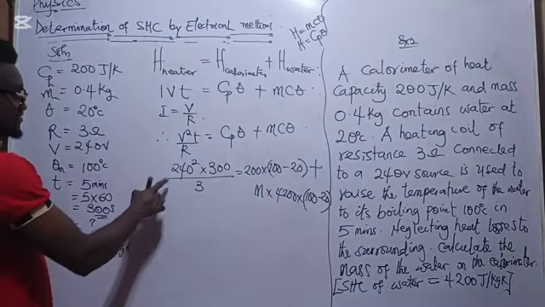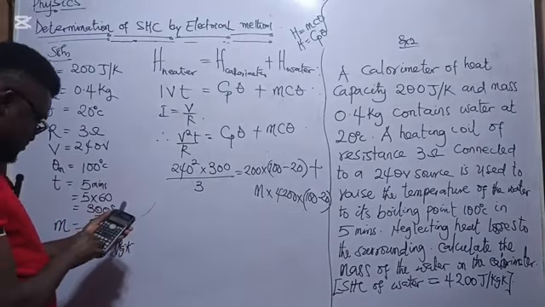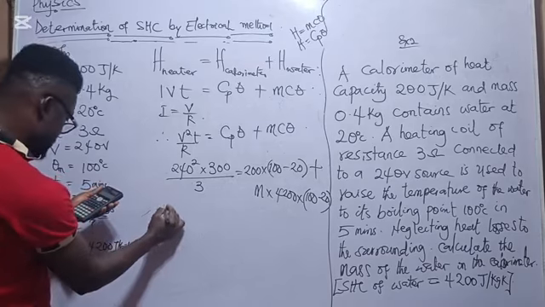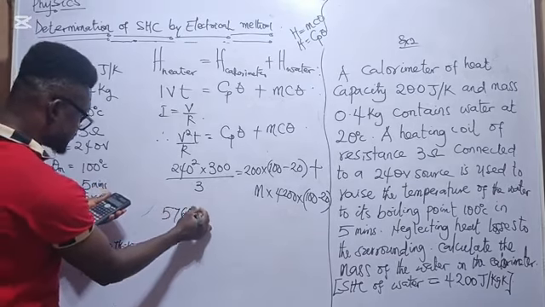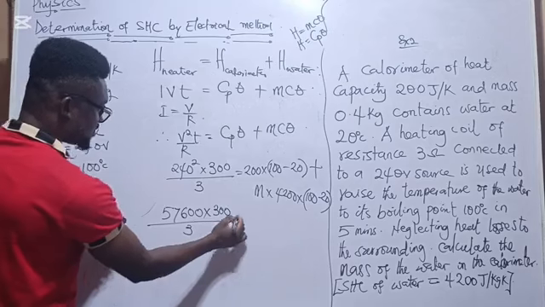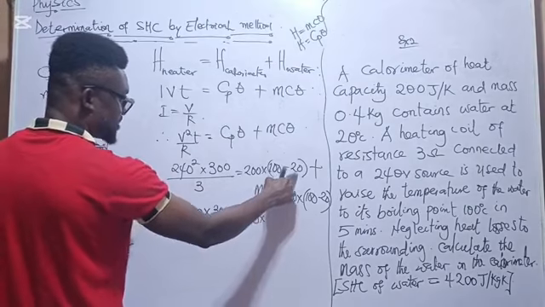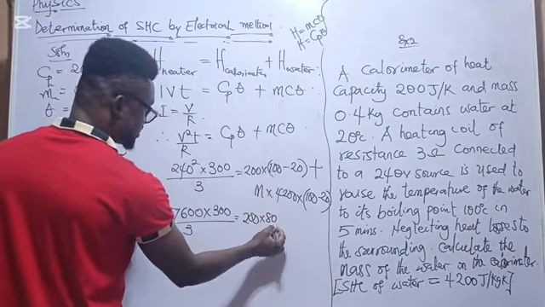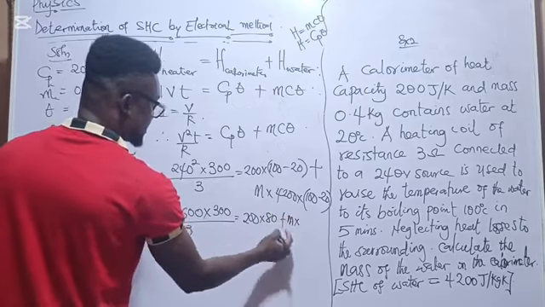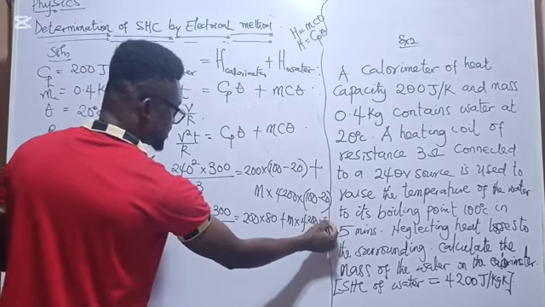Then we simplify this. 240 squared gives 57600, times 300 divided by 3, equals 200 times 100 minus 20, that is 80. Then plus the mass times 4200 times 100 minus 20, that's 80.